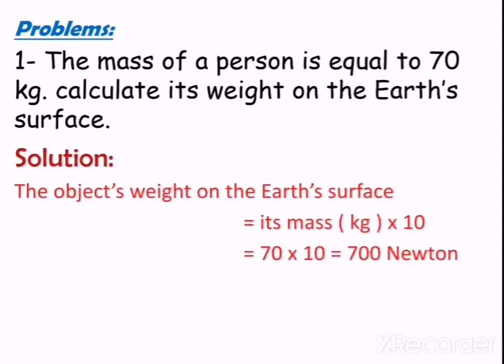The weight on the Earth's surface from the triangle equals mass in kilograms times 10. So 70 times 10 equals 700 Newton, because the Newton is the unit of the weight.